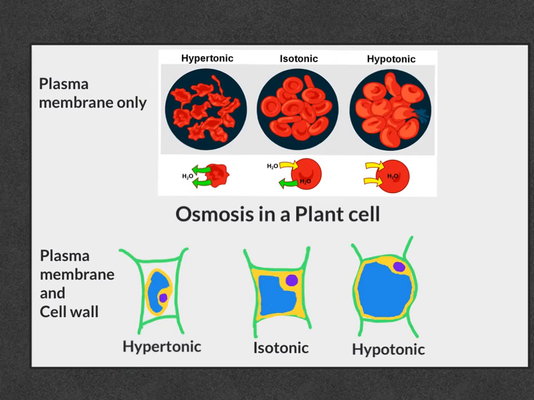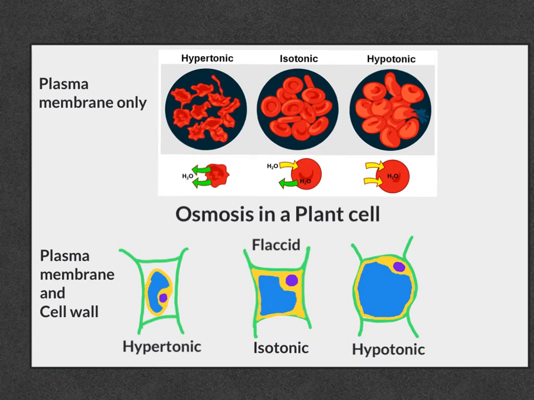So what happens in a plant cell in an isotonic solution? This actually causes the plant to be what is called flaccid. Plants like a little extra water. So a normal plant cell would actually be in a hypotonic solution.